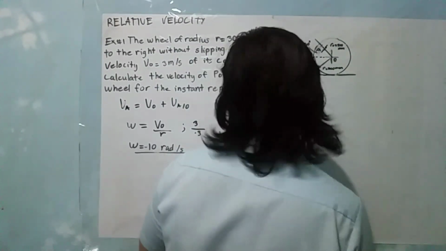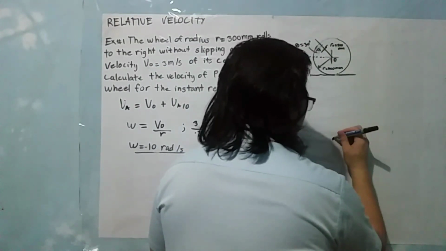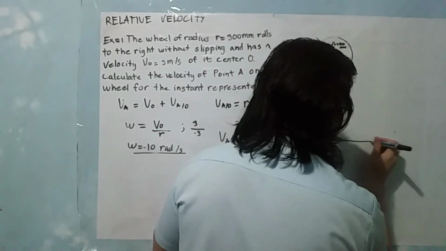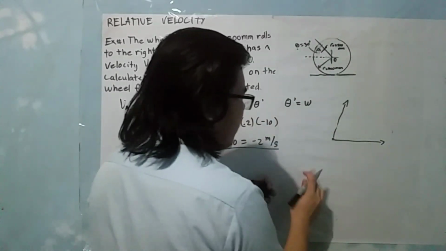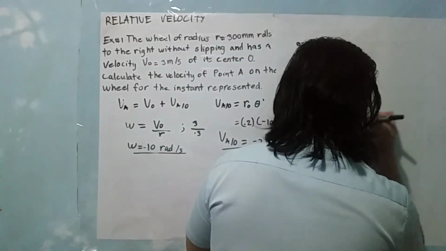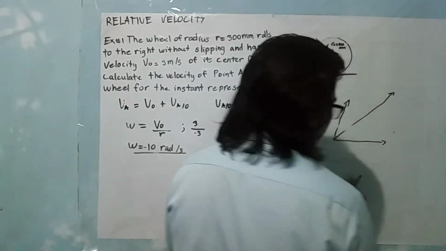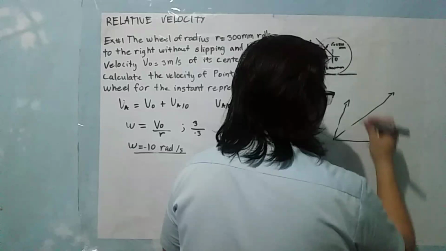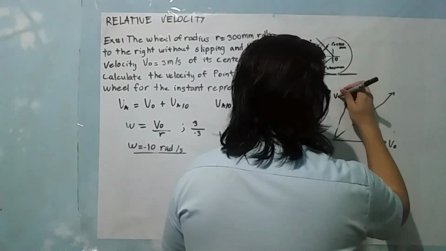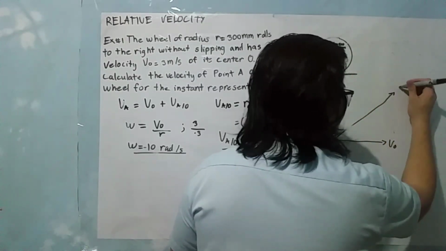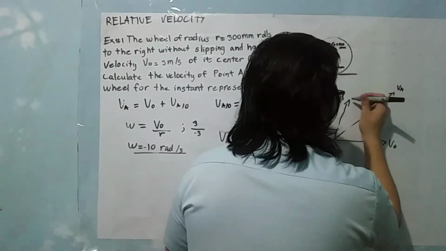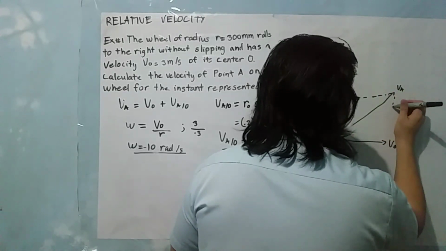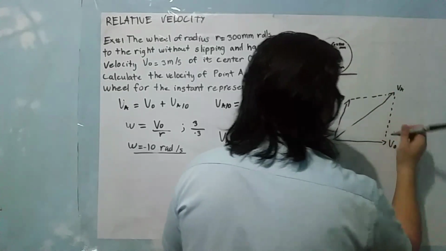Let's say this is A, then this is v sub o, then this is v of a and o, therefore this is v of a. So we can use the cosine law.